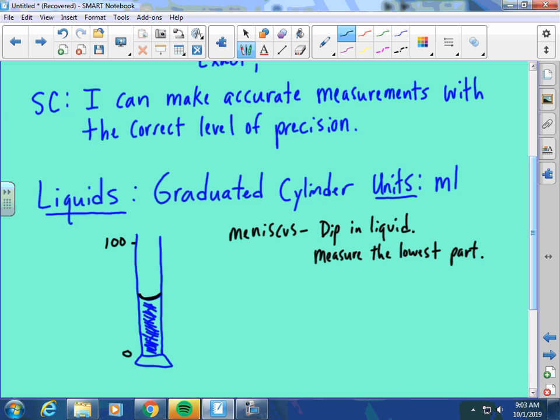Here's 0 down at the bottom. There's 100. I would definitely say that that volume is between 0 and 100. How many people could confidently tell me that that measurement is between 10 and 20 milliliters? 30 and 40? 40 and 50? 50 and 60? Okay, so we're uncertain a little bit at this point, and that's good. In the measurement, there's going to be an uncertainty.